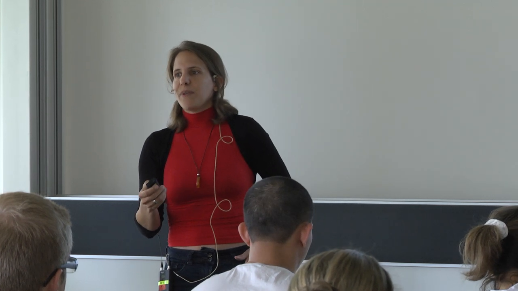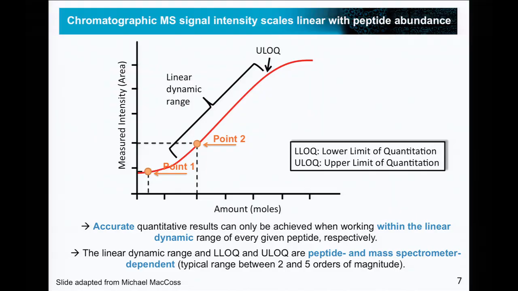So in theory, the only way to figure out the range of linearity for your peptides of interest is to really measure this range of linearity. And this can only be done when you have a purified reference molecule for your analytes. And then you can perform a dilution series experiment and then exactly figure out this range of linearity and where it flattens out and what's the linear equation for your peptide.